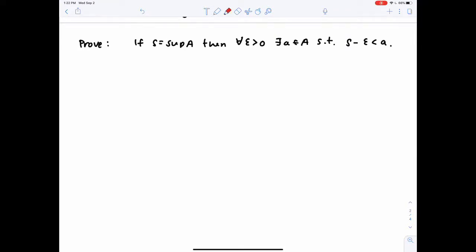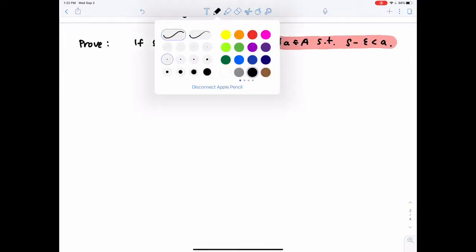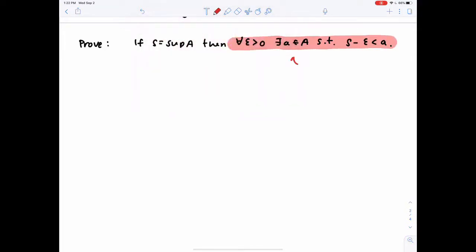Again, this is saying that S minus epsilon is not an upper bound. So using the high-level interpretation of what we want to show should give us a little bit more direction in what we're trying to do.